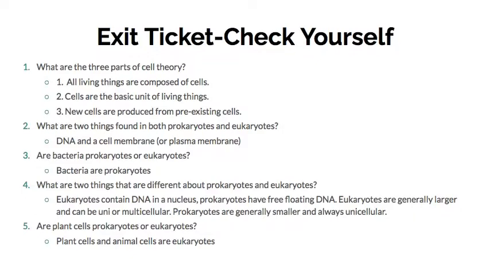Eukaryotes contain DNA in a nucleus, and prokaryotes have free-floating DNA. Eukaryotes are generally larger and can be uni or multicellular, and prokaryotes are generally smaller and always unicellular. So essentially all multicellular organisms are eukaryotes. Are plant cells prokaryotes or eukaryotes? Plant cells and animal cells are both eukaryotes.